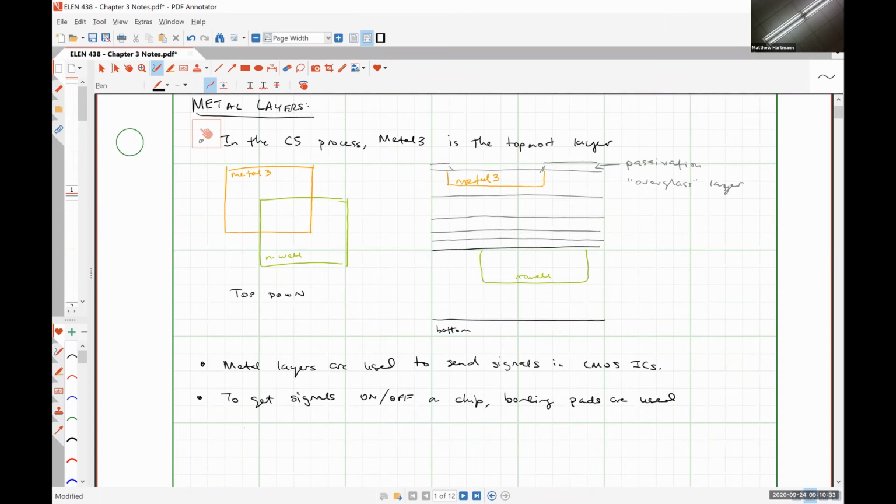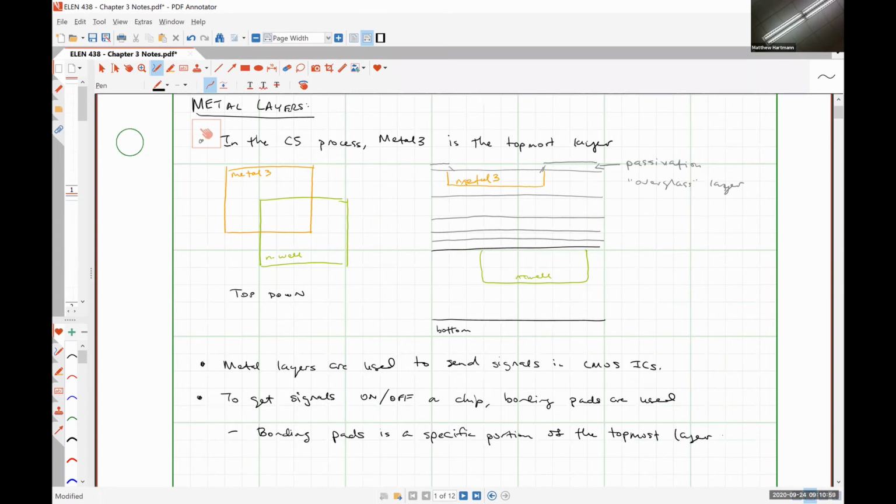And a bonding pad is simply a specific portion of the topmost metal layer. In this case, metal 3.